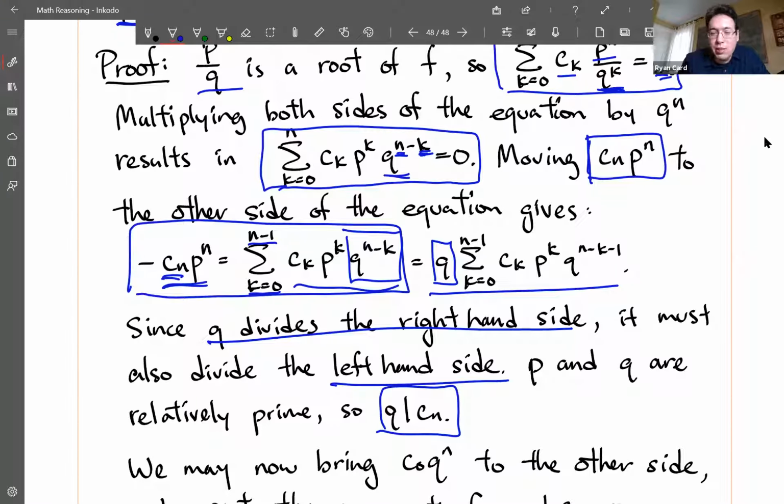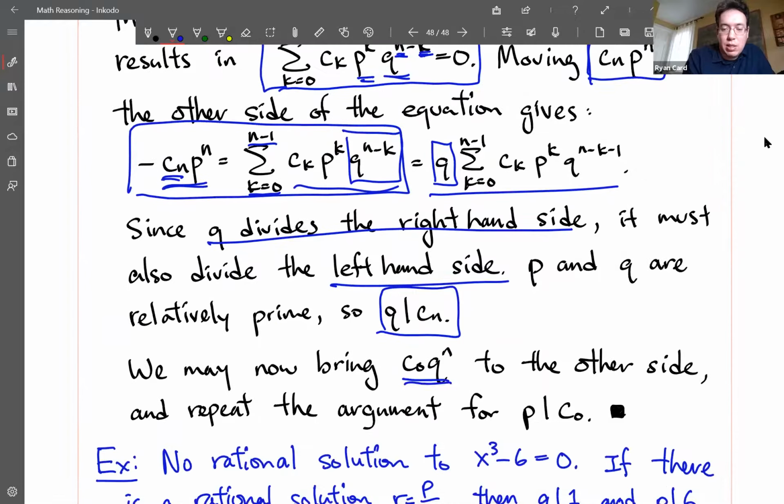And you can actually do the exact same argument with the very first term of this summation. So when k is equal to 0, the exponent of p is equal to 0, so the p factor is gone. And so you have c0 q to the nth power, this expression that you can bring to the other side.